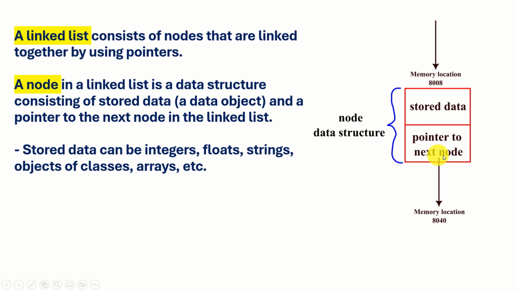This pointer points to the memory location of the next node in the linked list. That is, the pointer contains the memory location of the next node. Similarly over here, this arrow represents the pointer from the previous node in the linked list, and this pointer points to the memory location of this particular node.